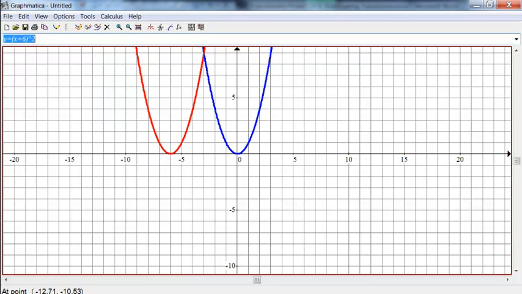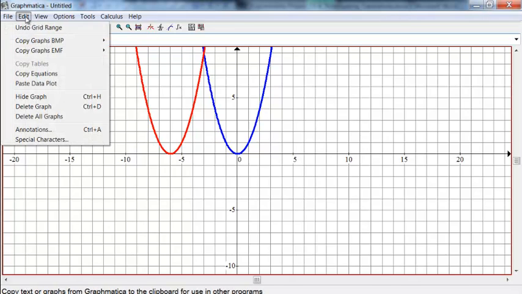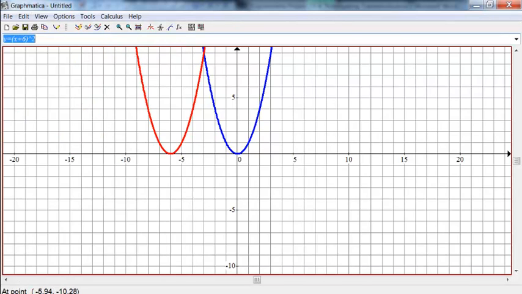Now let's get the graph in here. I can press this copy graphs button, or I can go to edit, copy graphs as an enhanced metafile, EMF, and I have a choice to do color or all black and white. I'm going to choose color.